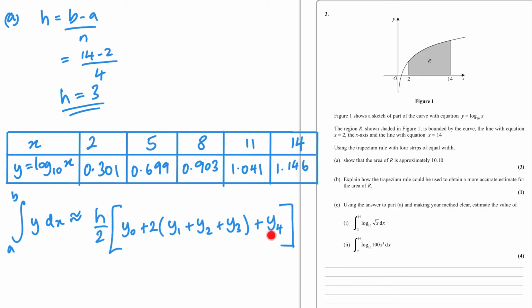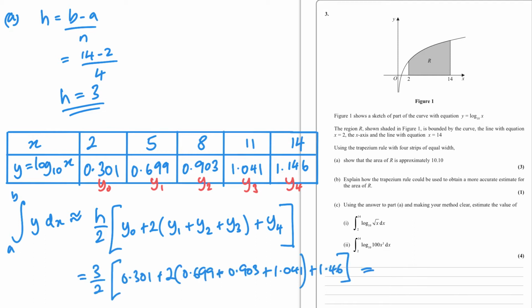Now some people put this one at the front with the y0. That's perfectly fine. It makes no real difference here. So just remembering that this is my y0, and then y1, 2, 3 and 4. Now it's about substituting all my values in.